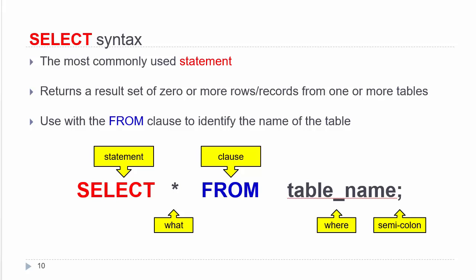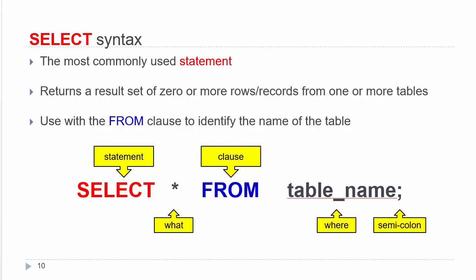You don't necessarily have to identify the database name, because when you are connecting to that database, the connection is for that specific database. So the syntax for a typical basic SQL select statement is: select what, in this case the asterisk or all, from, and where, the name of the table.